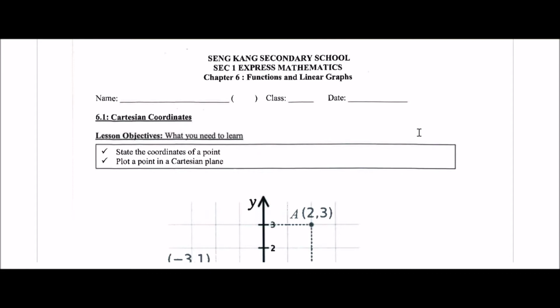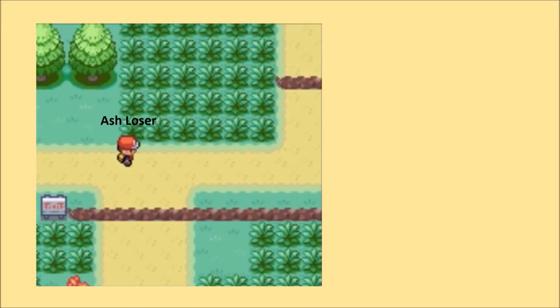All right. Before we begin, I'm going to show you a rather interesting or cute example that you might have encountered before that requires you to use coordinates. Okay, let's take a look. Now, if you have played the video game Pokemon before, this will look extremely familiar to you. Imagine we have our character here, Ash Loser.